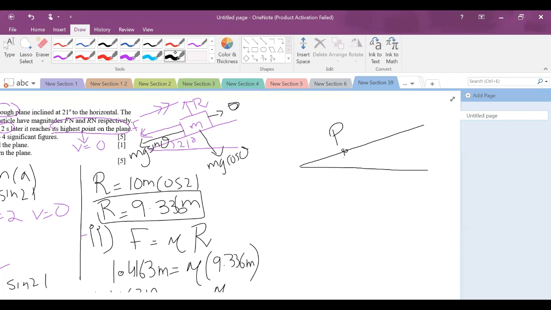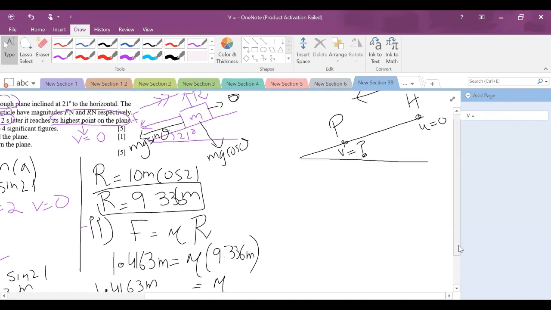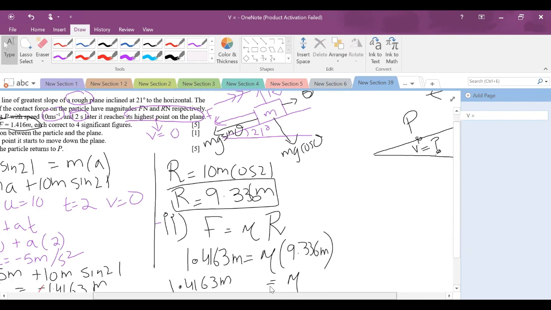P, highest point, let's call it H. Okay, highest point पे speed है 0. So as it goes back downwards, now we're going to say U is 0. You have to find the speed at this point when it returns to P. So we need the V. And what else do we have?